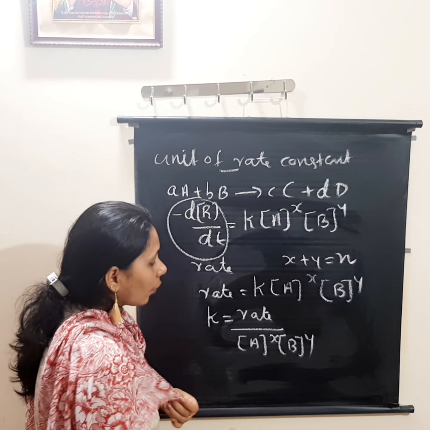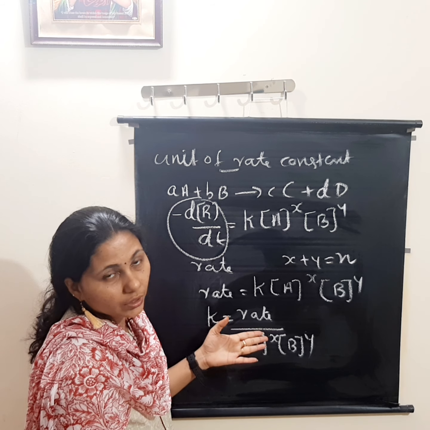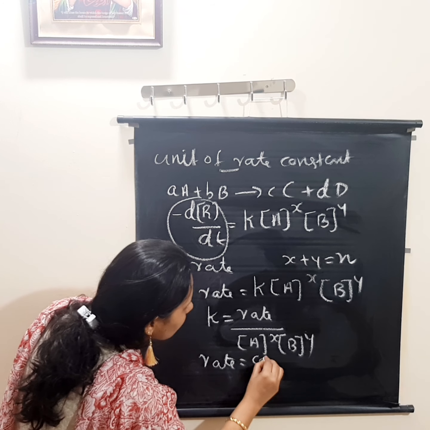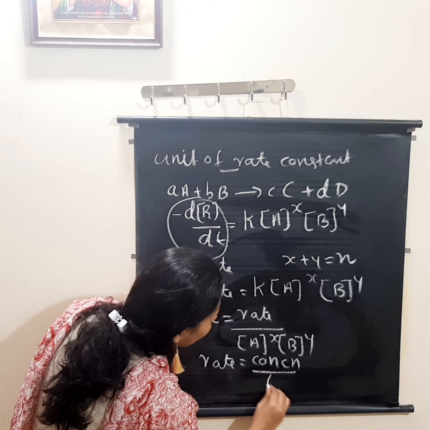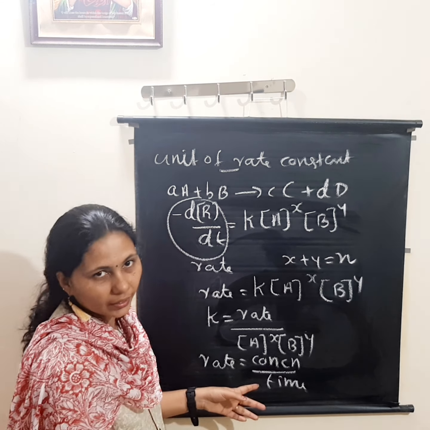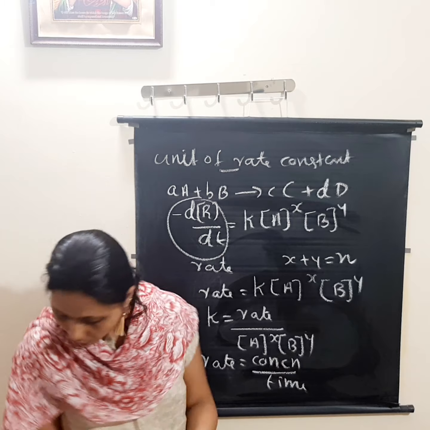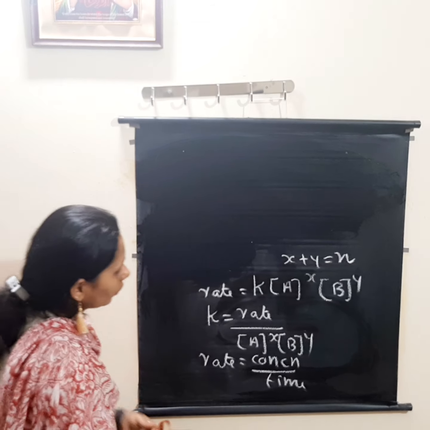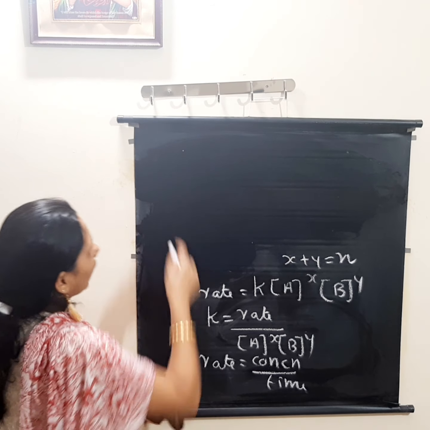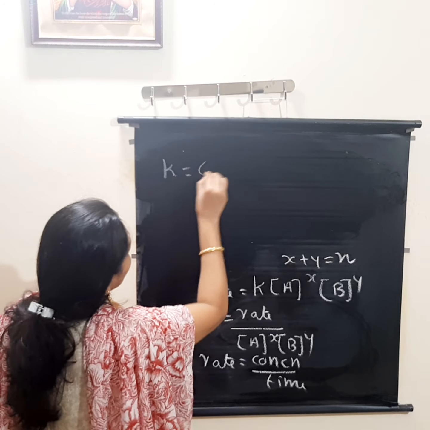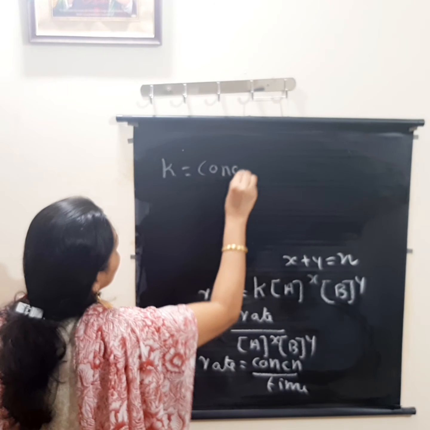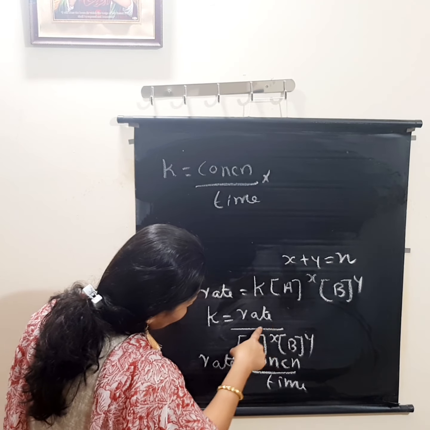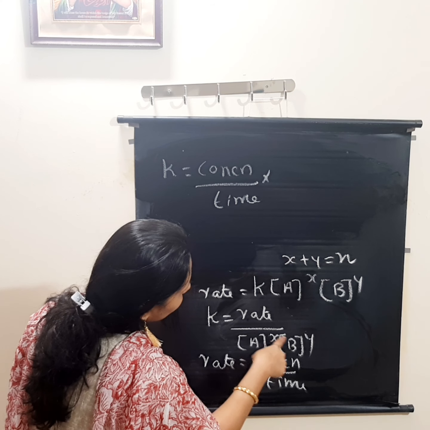So last class I already told you the unit of rate: rate equals concentration divided by time. So k equals concentration divided by time, into, this I am writing separately, 1 by A raised to x into B raised to y.